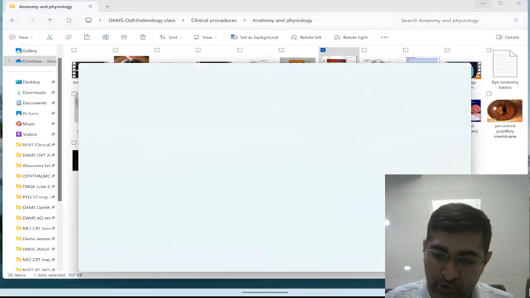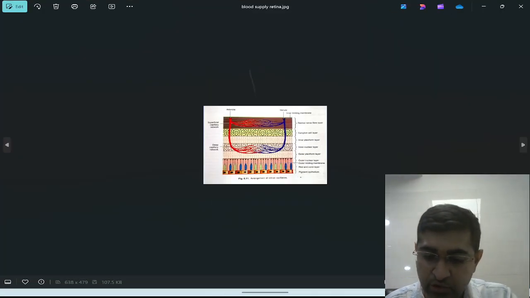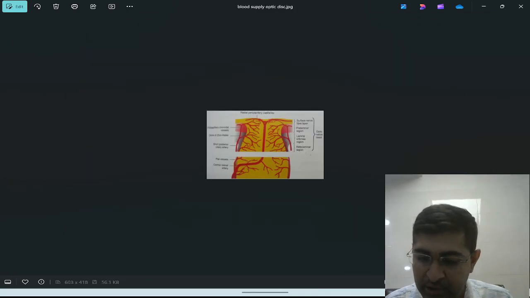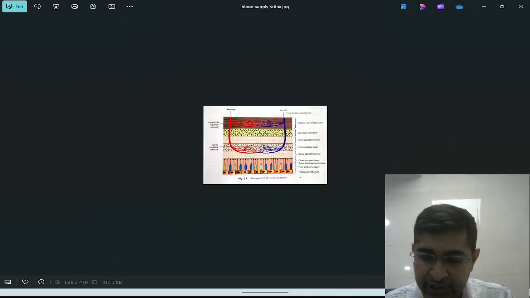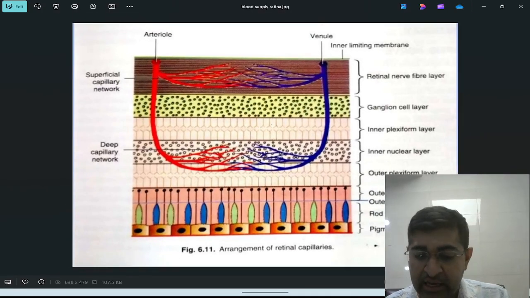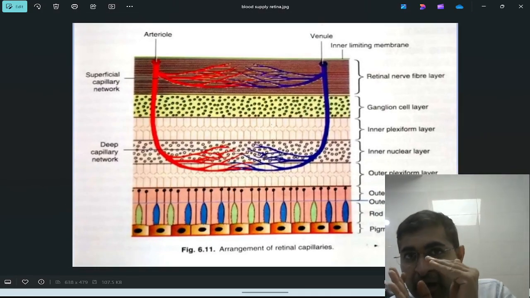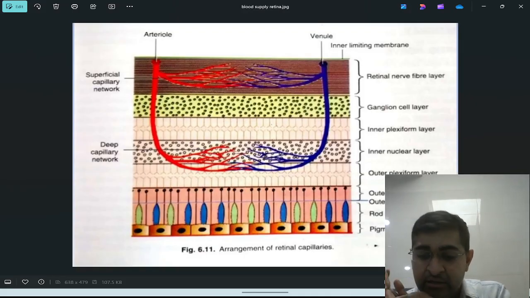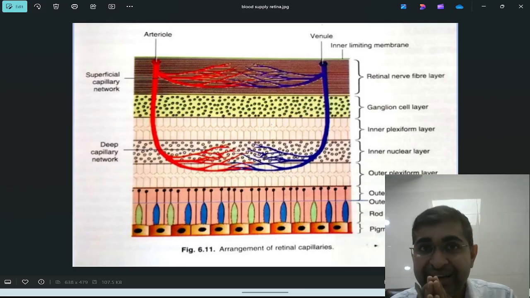Let me show you an image. Now I think it will make you super clear. Check out the outer plexiform layer. Are you able to appreciate it? The outer plexiform layer is partly supplied by central retinal artery and partly by direct diffusion from choriocapillaries. In the retina there are two blood retinal barriers.